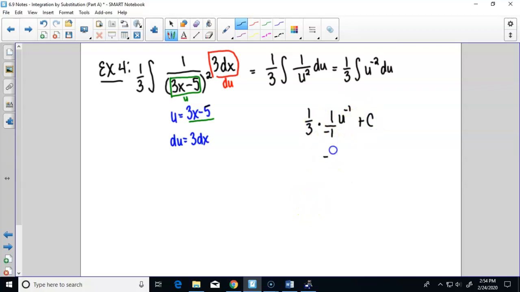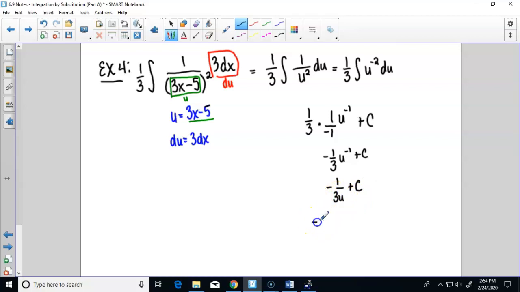So you just end up with negative 1/3 u to the negative 1 plus c. Or we could write that as negative 1 over 3u if we move the u back down to the bottom, plus c. And then we still have a u here, so we want to replace that with our x.